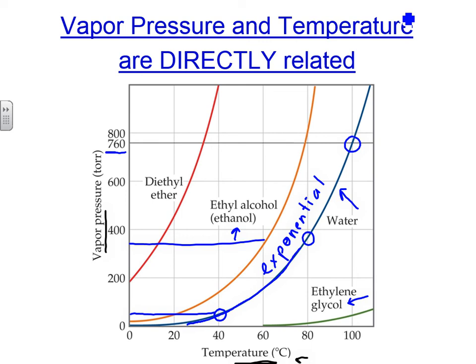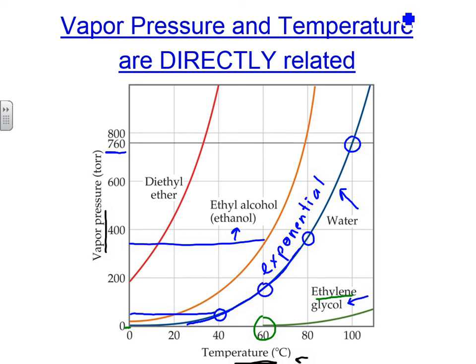Now, for these 4 compounds, what you'll see is that the one that has the strongest intermolecular forces is ethylene glycol here. We know that because at a given temperature, say at 60 degrees Celsius, it has the lowest vapor pressure, close to 0. Water at 60 degrees Celsius has a considerable vapor pressure.